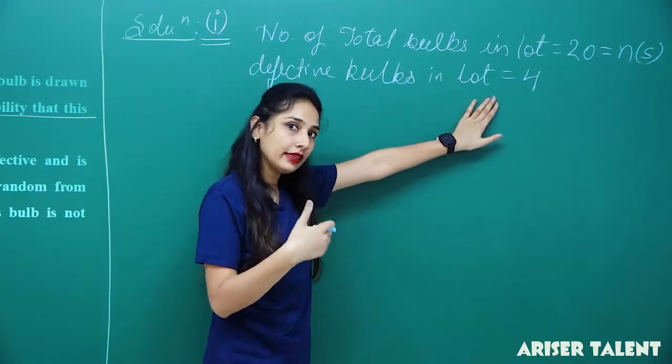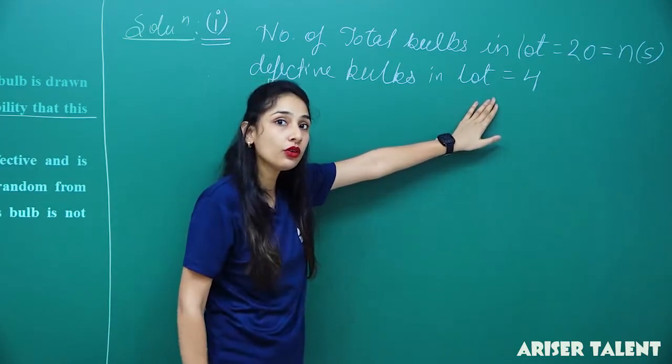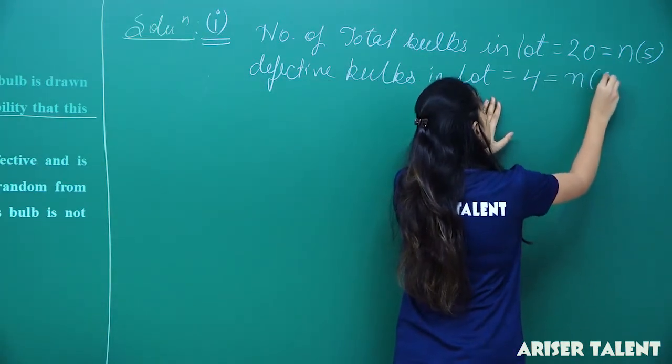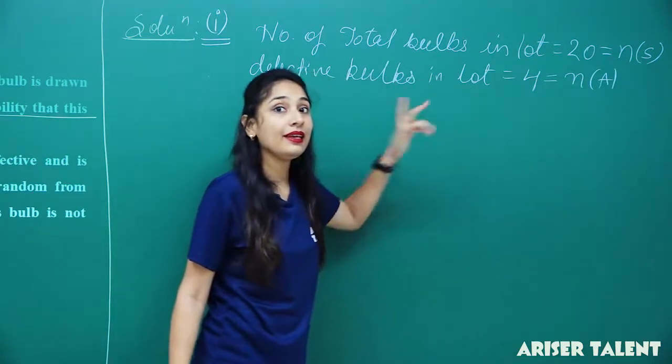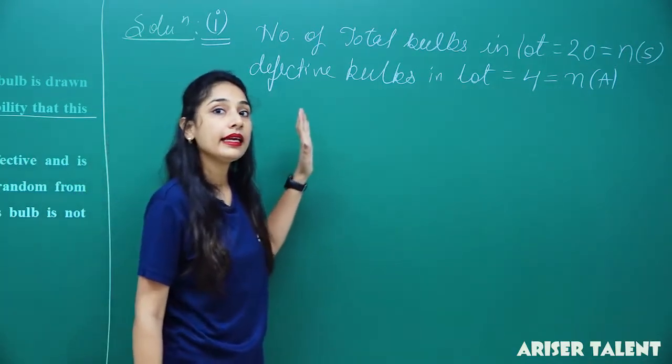So may I say that, students, if the number of defective bulbs is 4, then that will be equal to n(A), if A is the event.